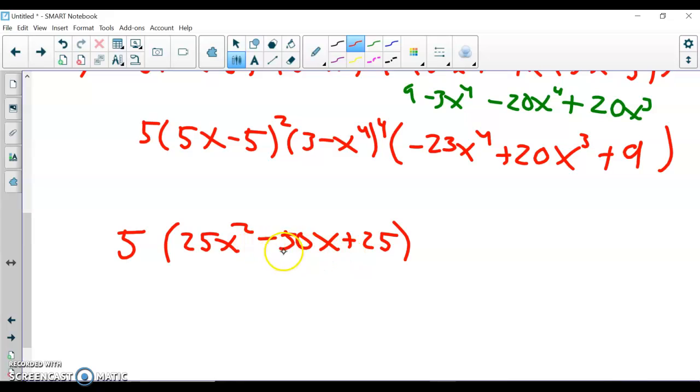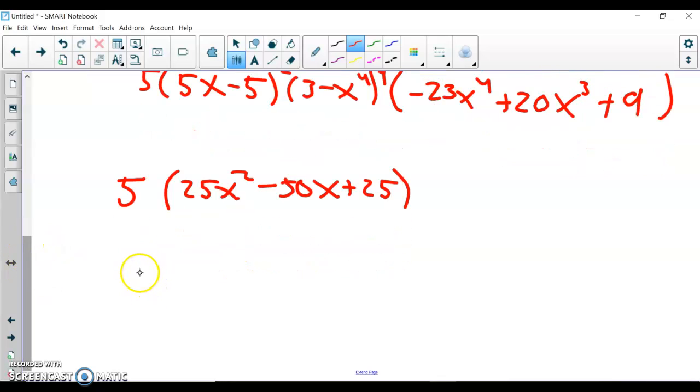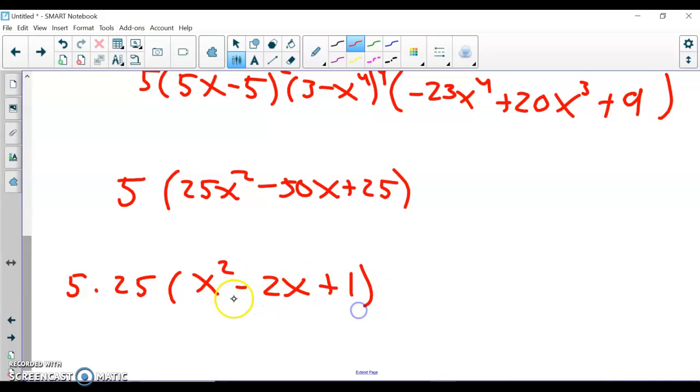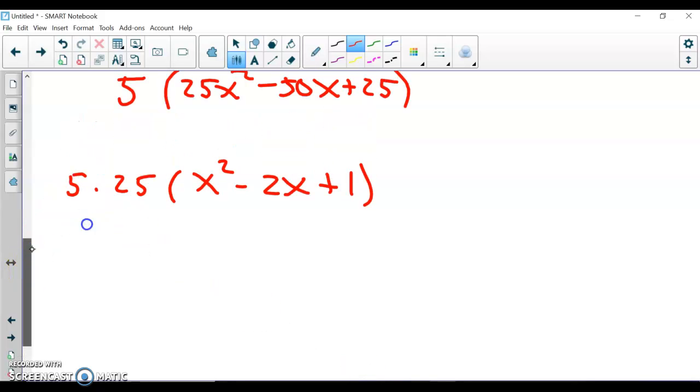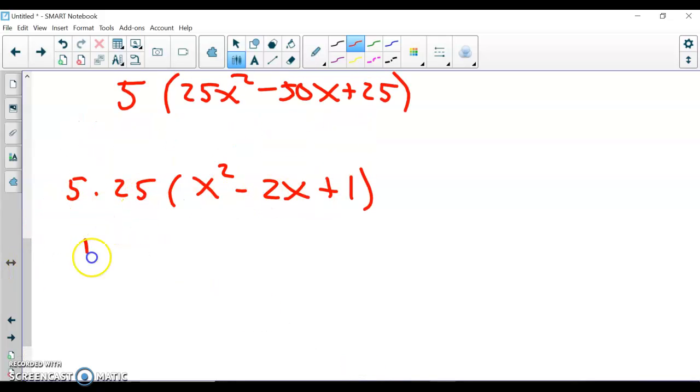Now what's interesting to notice here is there's a 25 that's common. So if you pull out a 25 times the 5 that's already there, you're going to be left with x squared minus 2x plus 1, right? Which is still not fully factored at this point. We got 5 times 25 is 125. And then this can be reverse FOILed, or maybe you recognize this as what's called a perfect square trinomial, right?